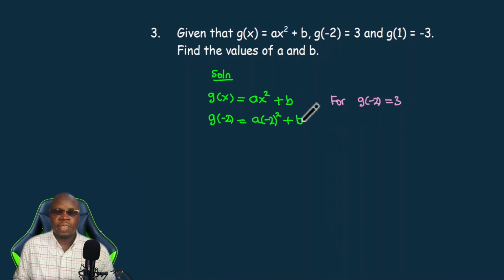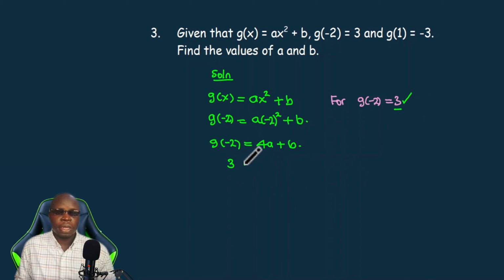Of course, there's no x attached to b, so just simply copy our b. So g of negative 2 equals 4a plus b. Now, we need to replace g of negative 2 by our 3 here. So let's bring it and place it here.